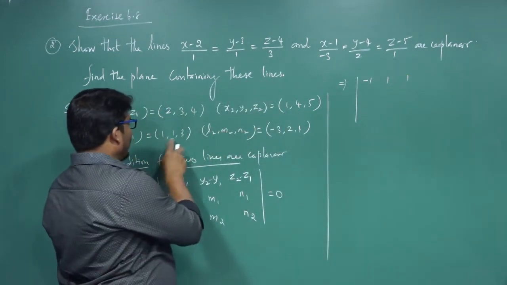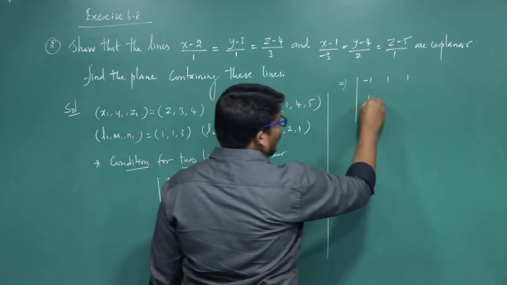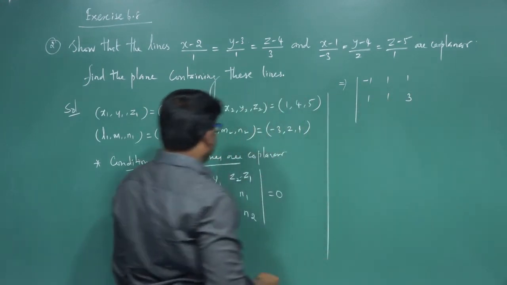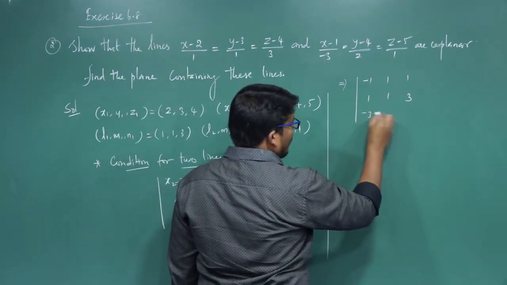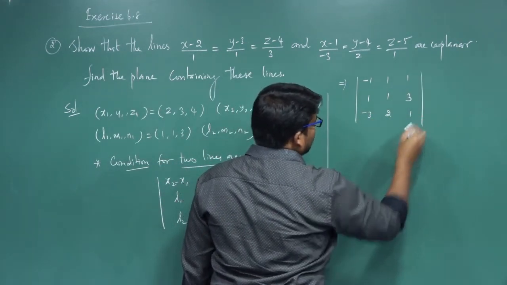Next, L1, M1, N1 are 1, 1, 3. Next, L2, M2, N2 are minus 3, 2, 1.